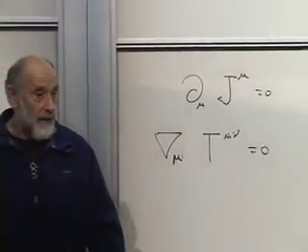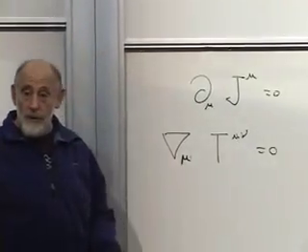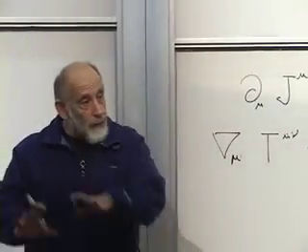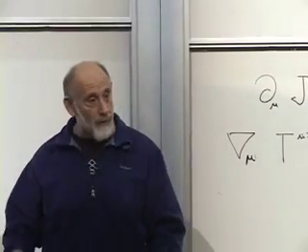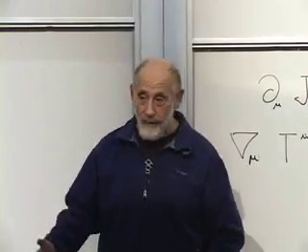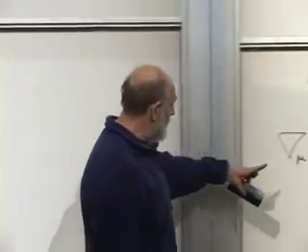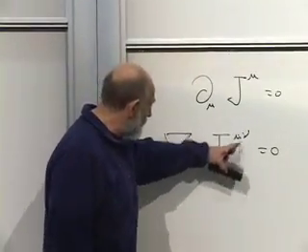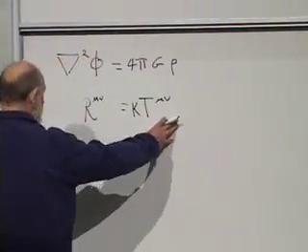We must have, in special relativity and in general relativity, some kind of local flow of energy and momentum. We expect it to be conserved. We don't expect energy to disappear and reappear in distant places. And so that says that a certain covariant derivative of T mu nu is equal to 0. We can try that out over here.